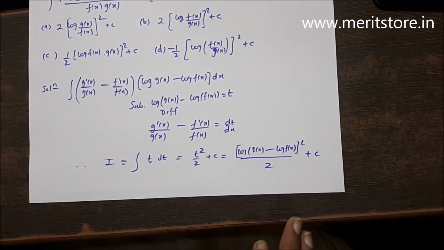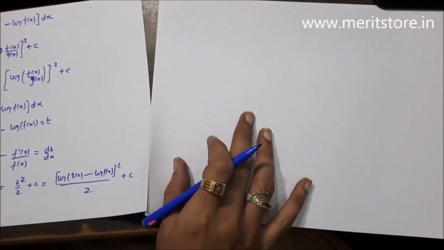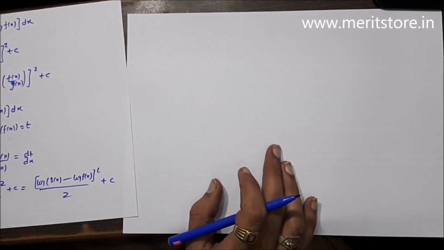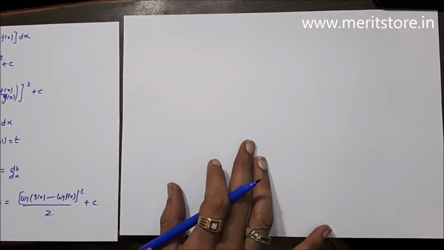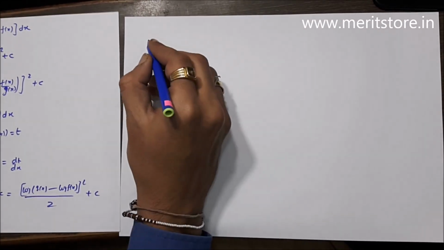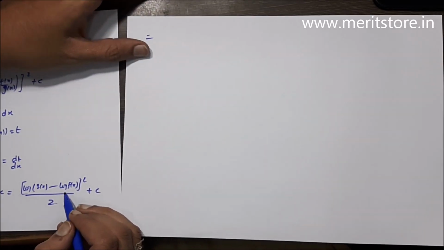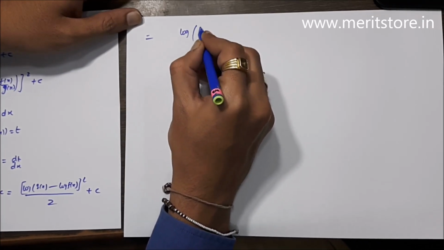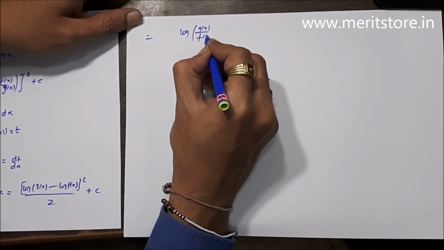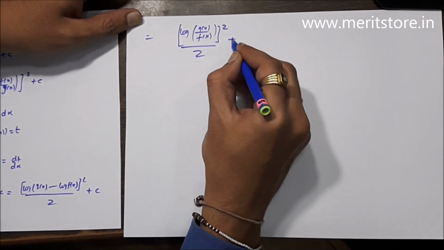Now observe, we have no option which matches any of the a, b, c and d. So we'll simplify this. What we are doing simply is log of g of x minus log of f of x will be written as log of g of x upon f of x the whole square upon 2 plus c.